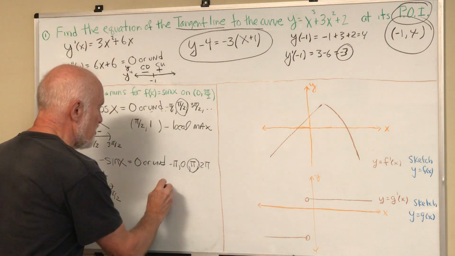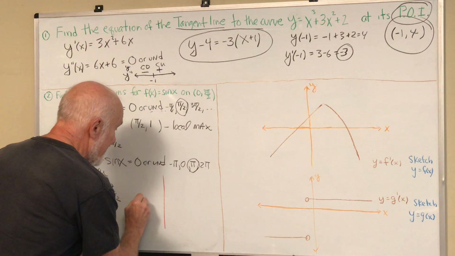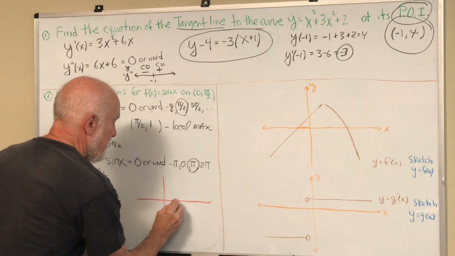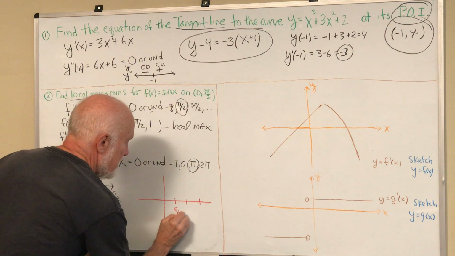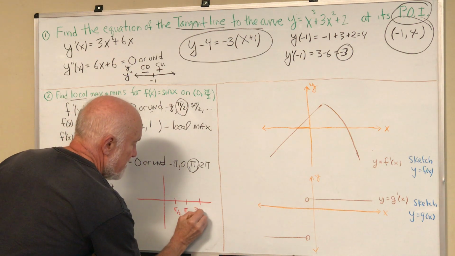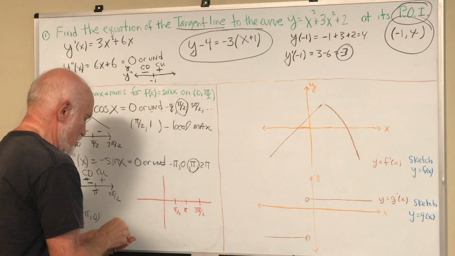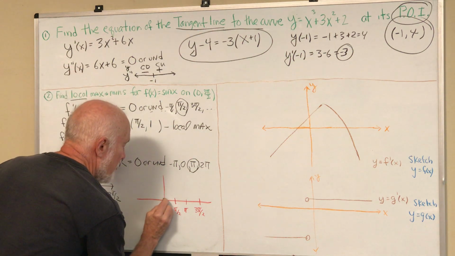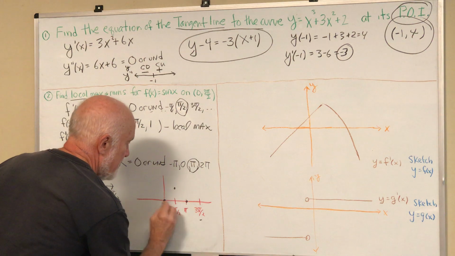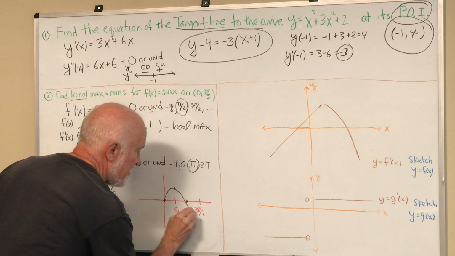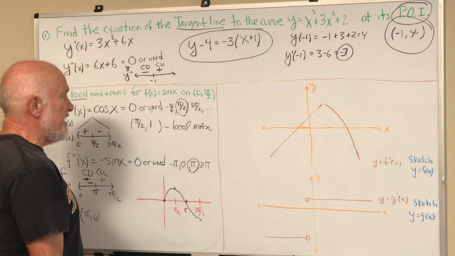Now let's see if it goes along with our knowledge of what the sine does. Well, here's pi over 2, pi, 3 pi over 2. We know the sine starts at 0, goes up to 1. So it goes something like this. And what do we see?